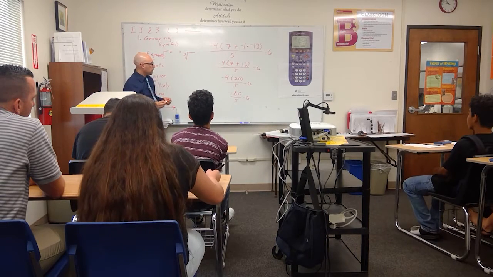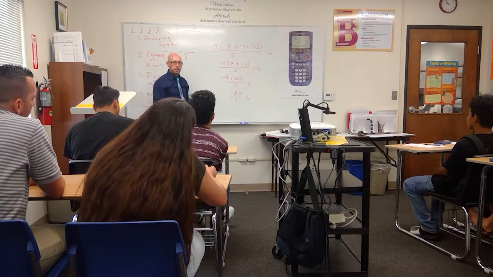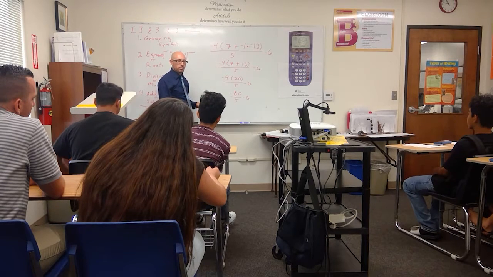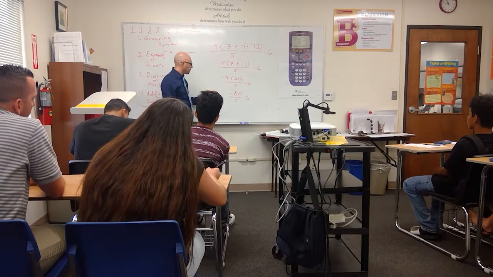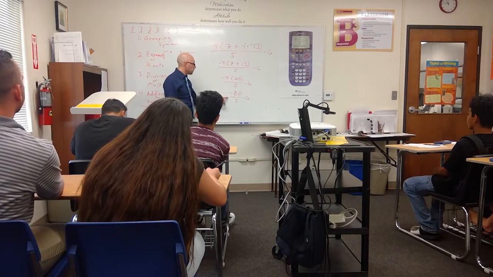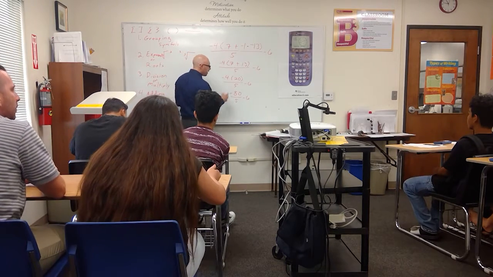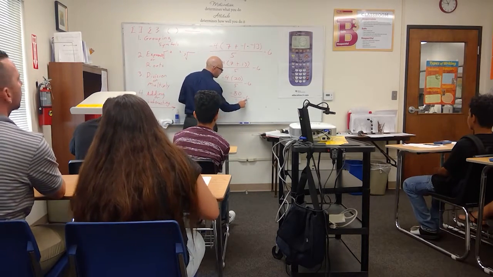All right. And Nassim, what'd you do next? -80 divided by 5. Awesome. Thank you. Okay. Why did you do this and not this part?